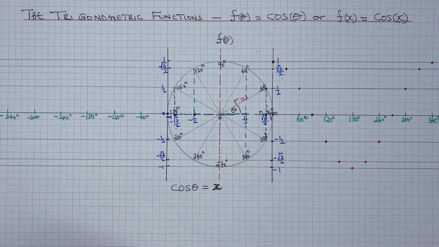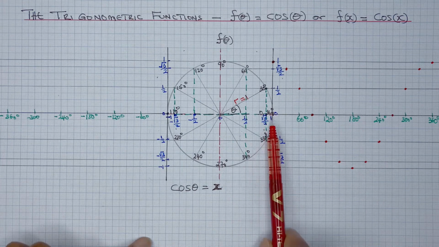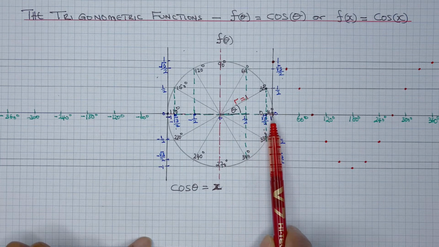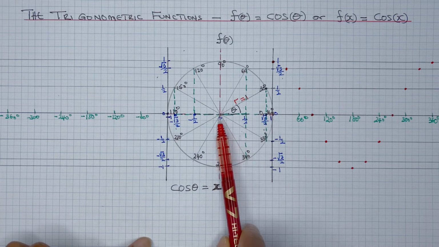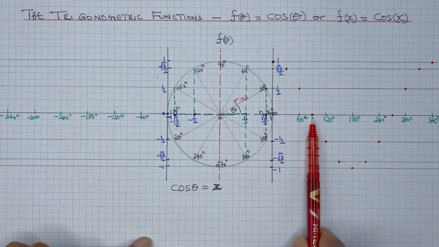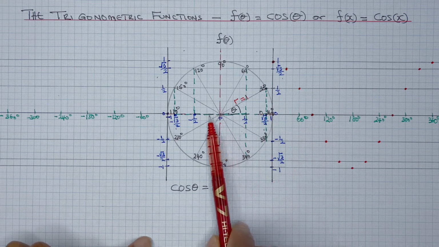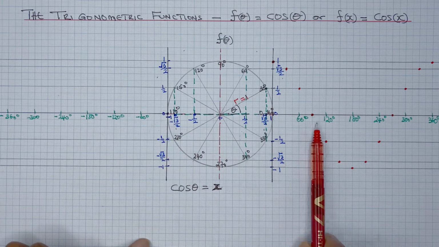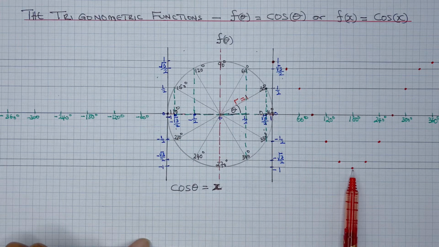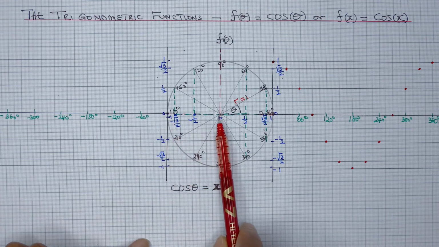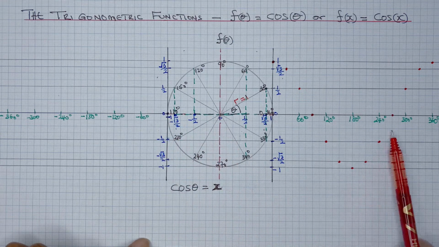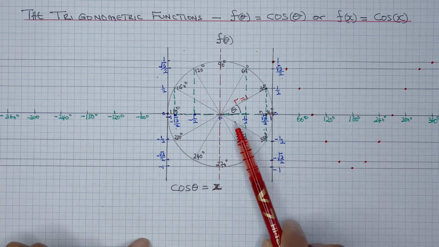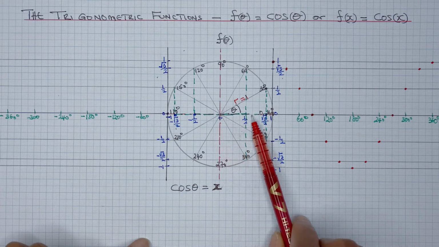So what we've just done is move from the x value of 1 to 0, then 0 to minus 1, then back from minus 1 to 0, and then from 0 back to 1.